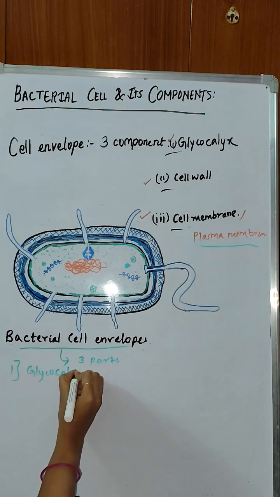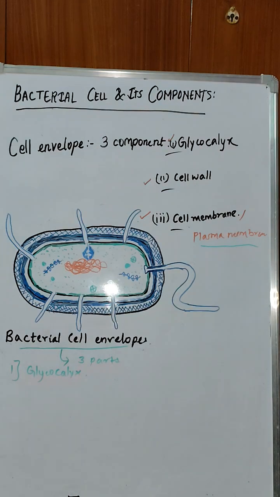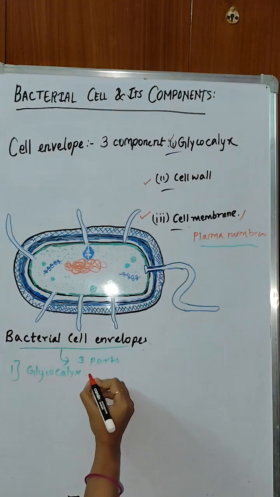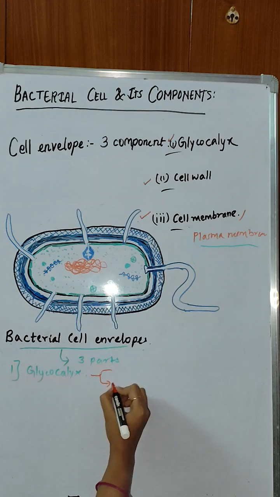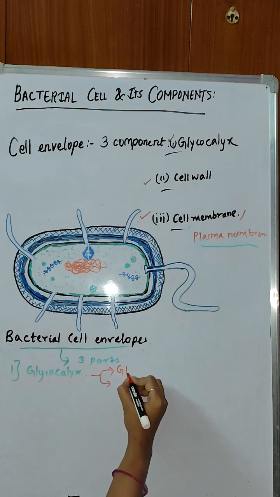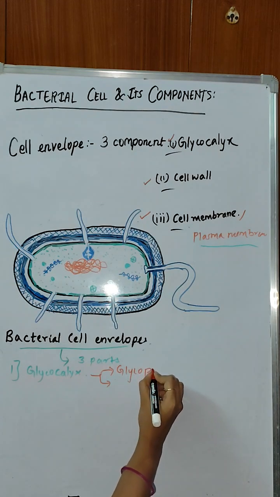Glycocalyx lies outside the cell and it is made up of protein and lipid, or you can say it is made up of glycolipid and glycoprotein.